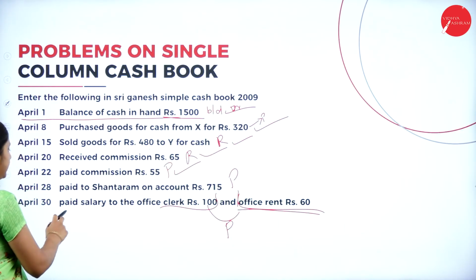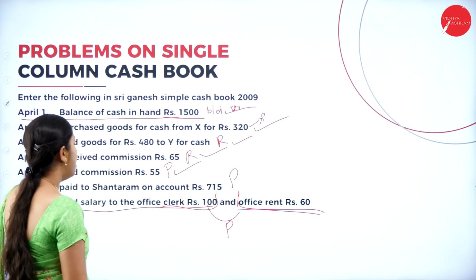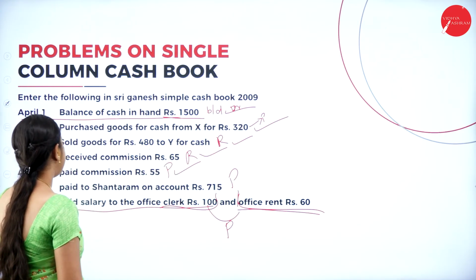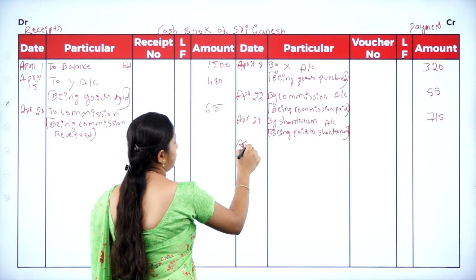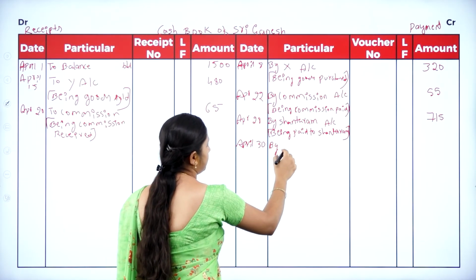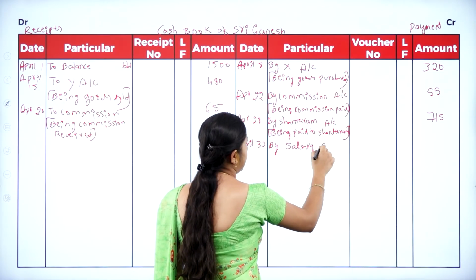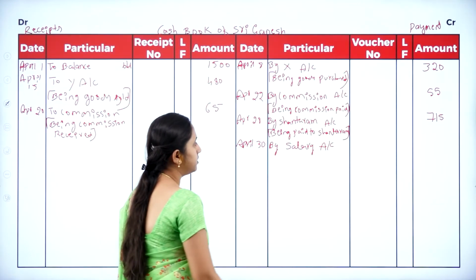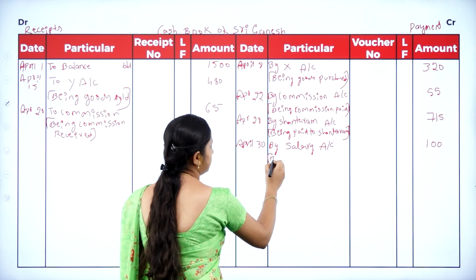Next, April 30th, paid salary to the office clerk. Payment, so write in the credit side by salary account rupees 100, being salary paid to office clerk.